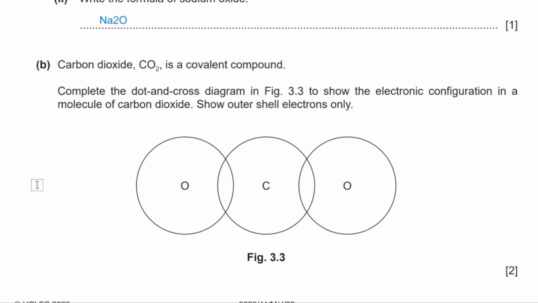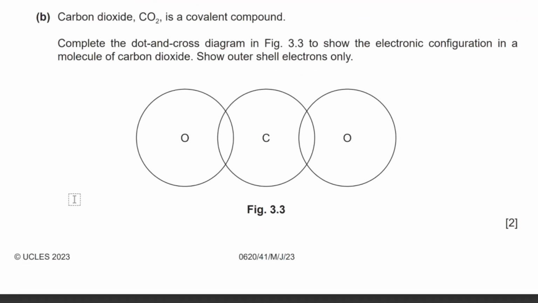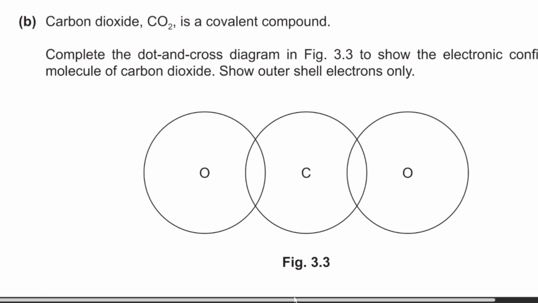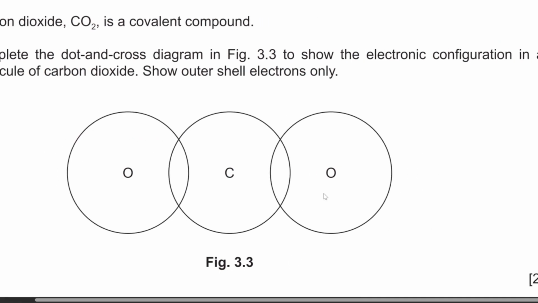Complete the dot and cross diagram in figure 3.3 to show the electronic configuration in a molecule of carbon dioxide. Alright, let's zoom in a little bit. So when we talk about oxygen, it has 6 electrons in its outermost shell. Let's draw the first 4 in both of the oxygens.